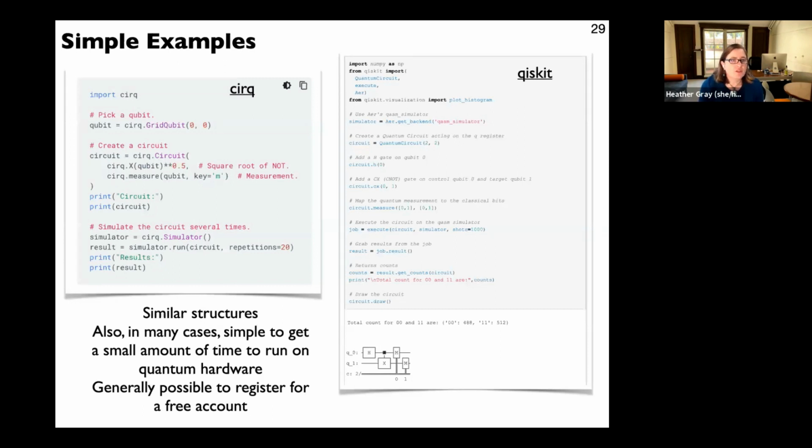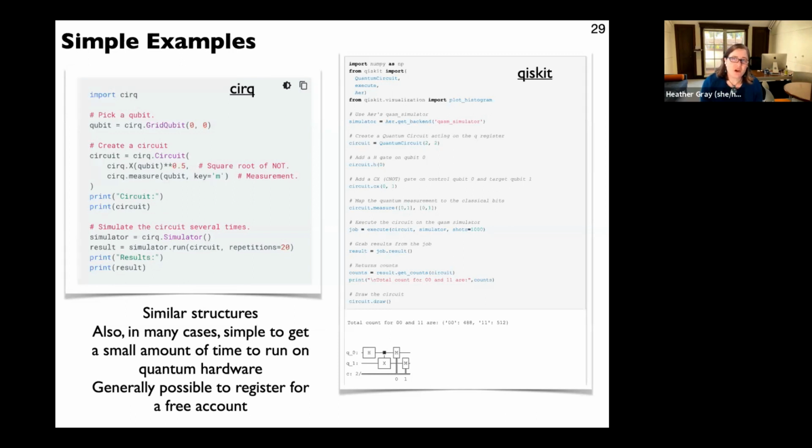On the left, this is what it looks like for Cirq. On the right is what it looks like for Qiskit. You can see that you really want to do things like pick your qubits, create your circuit, maybe simulate your circuit, then print the results. On the right there, you can actually see the circuit that this very simple example has. So obviously they end up having pretty similar structure.